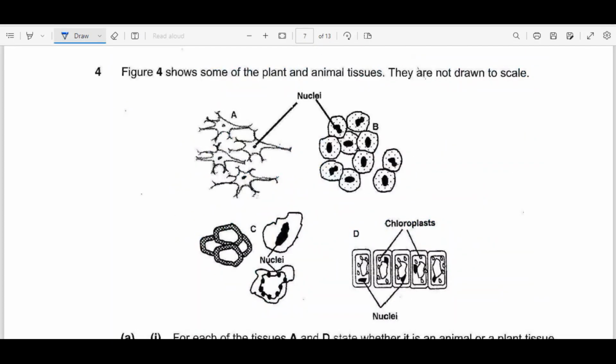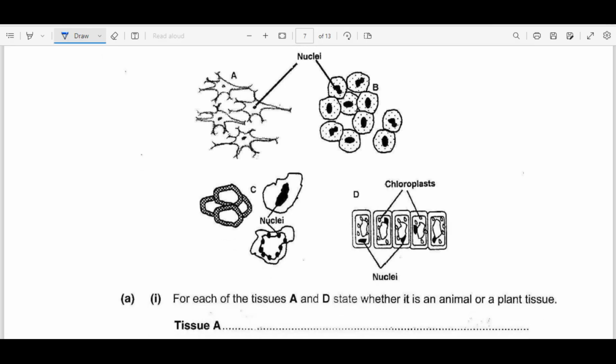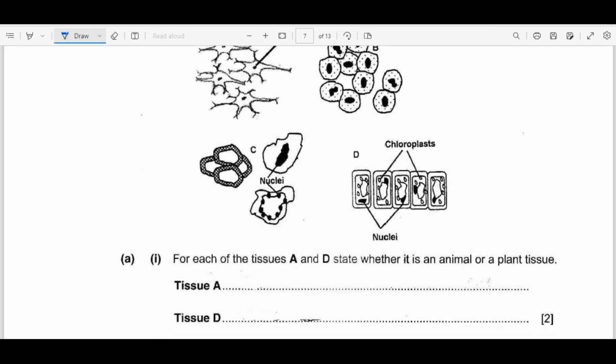Right, we have question 4. Figure 4 shows some of the plant and animal tissues. They are not drawn to scale. Now we have question A1. For each of the tissues A and D, state whether it is an animal cell or a plant cell.